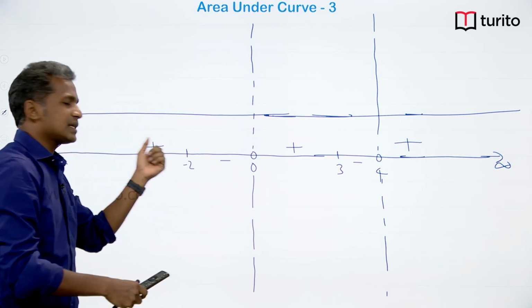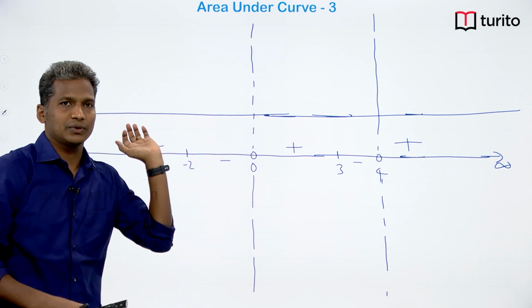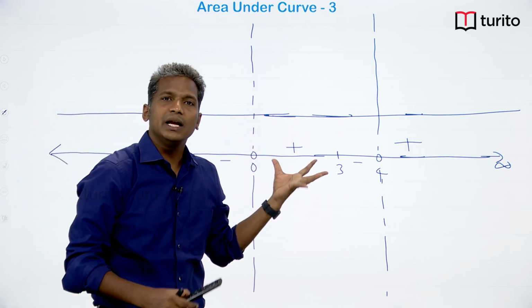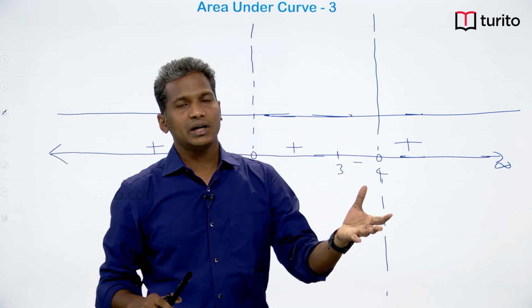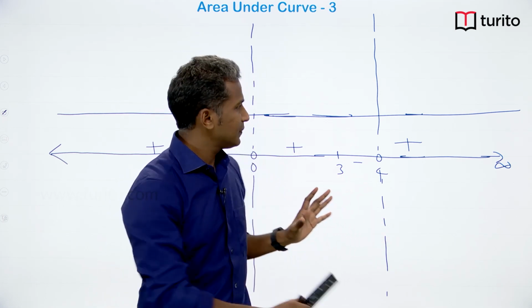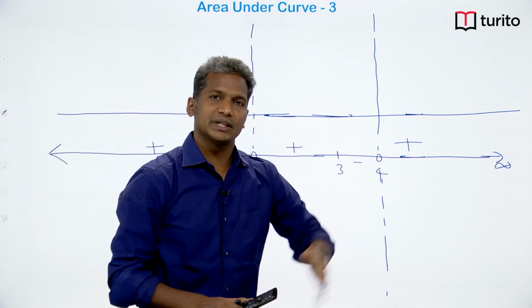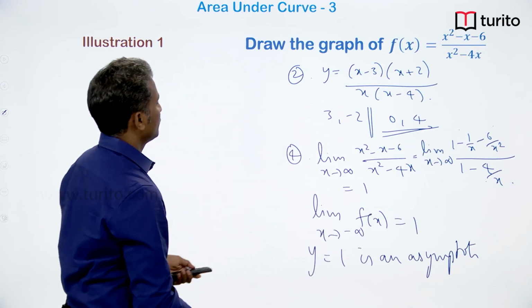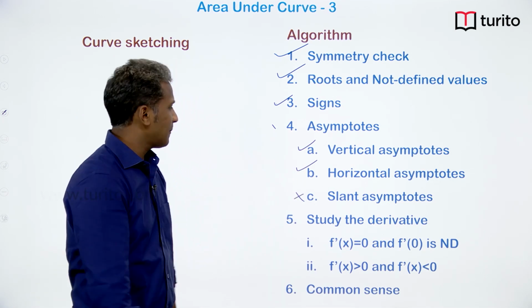And similarly, as x tends to minus infinity, the curve will approach this asymptote. But what about the middle? In the middle, the curve may cut the asymptote or it may not cut, that depends on the situation. But only at the extremes, the curve will approach the horizontal asymptote. Okay. So we have done the horizontal asymptote, and a slant asymptote does not exist here.